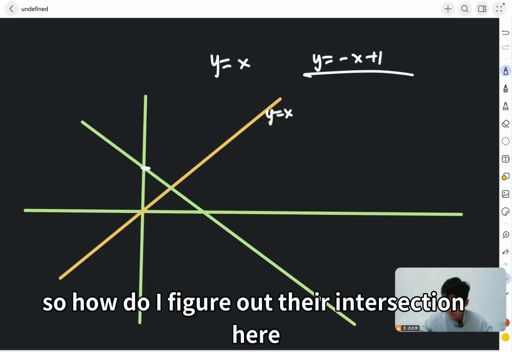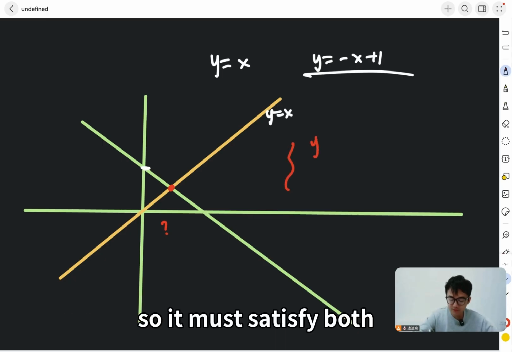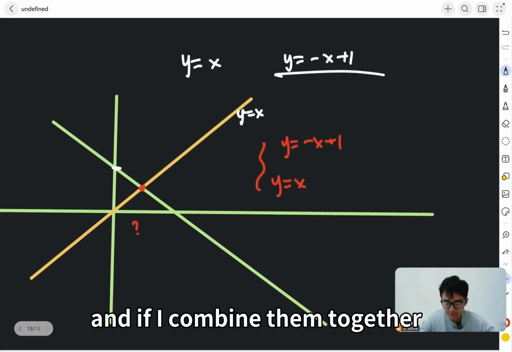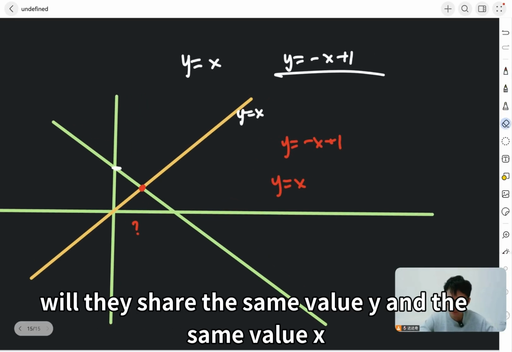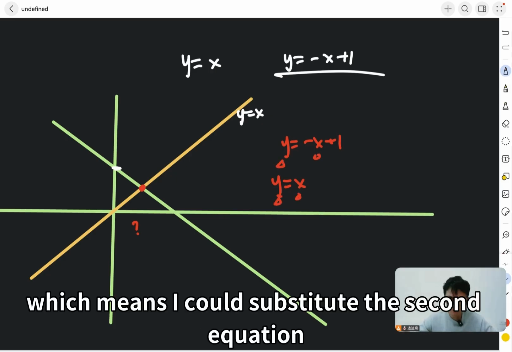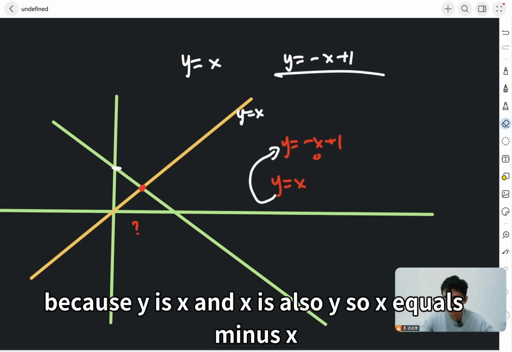So how do I figure out their intersection here? Still, it's a point that lies on both of the equations, so it must satisfy both. And if I combine them together, they share the same value of y and the same value of x, which means I could substitute the second equation into the first one, because y is x and x is also y.